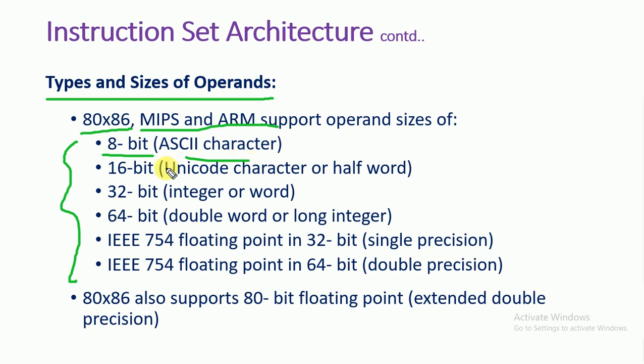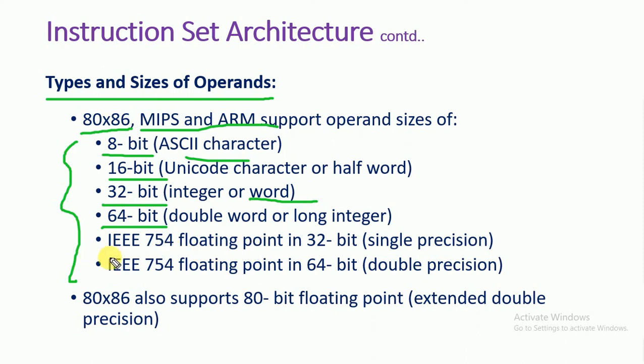We can use a 16-bit Unicode character or half word Unicode, which is commonly used with Java programming, which requires more characters. Then we can use a 32-bit integer. Recent systems are using a 32-bit integer, also called a word. Similarly, a 64-bit double word is also supported by all these processors.